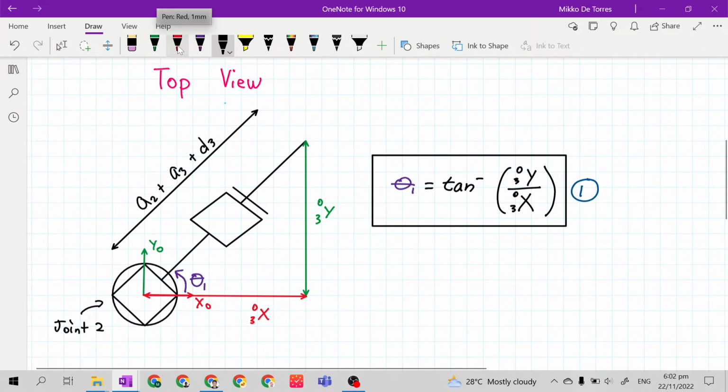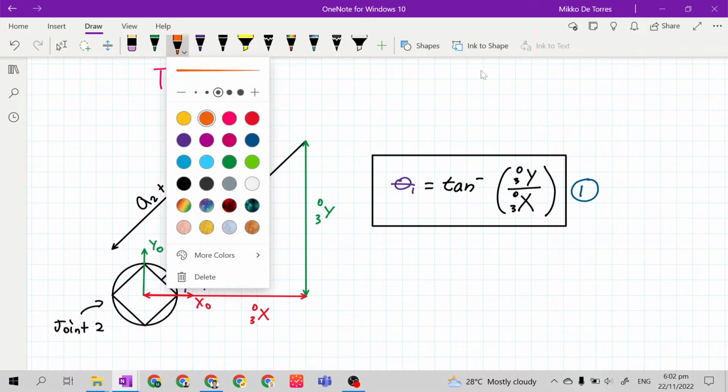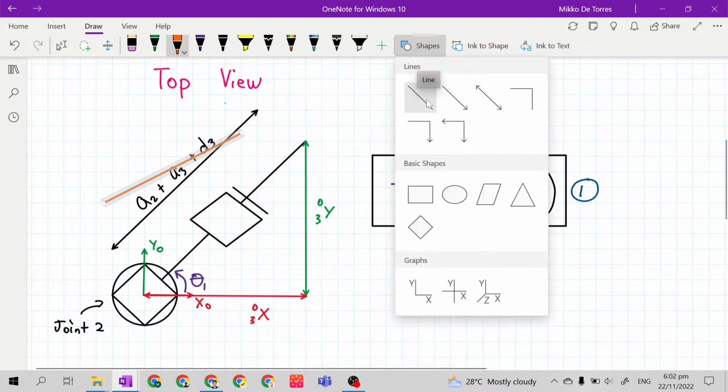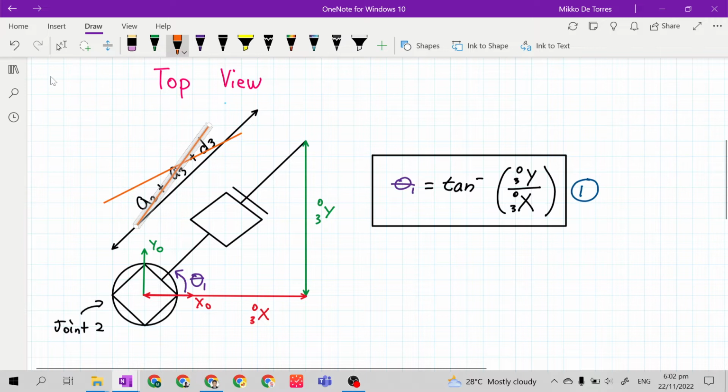But it is not correct, because this will not be the value of our hypotenuse. Our hypotenuse is changing its length because of the d sub 3. This is a prismatic joint, so it changes its length, and our joint 2 is a revolute joint.